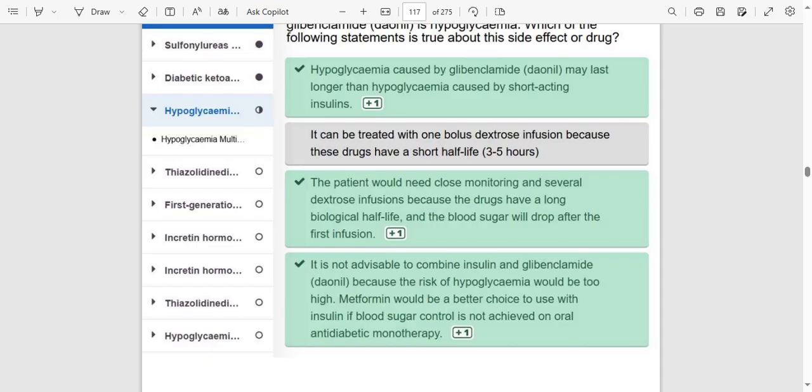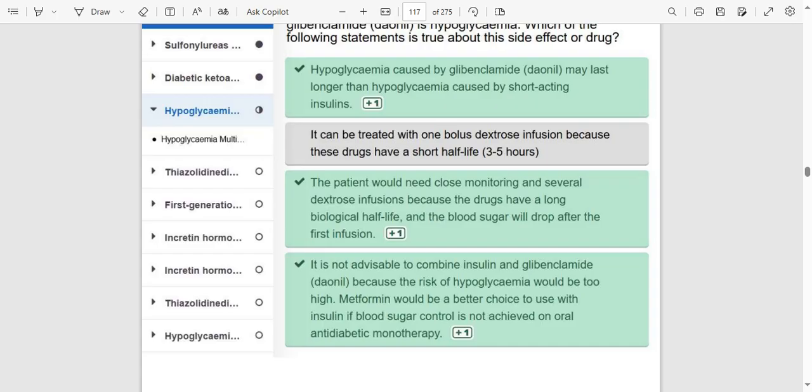What does it mean if they say longer biological half-life in comparison to elimination half-life, which is shorter? Anyone to help with that? And this is one fact that we need to know about sulfonylureas.